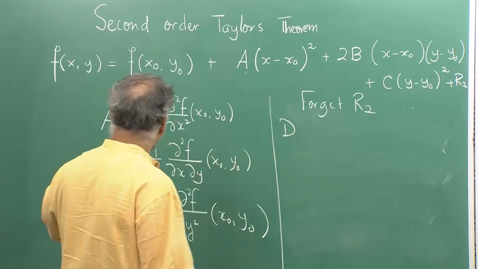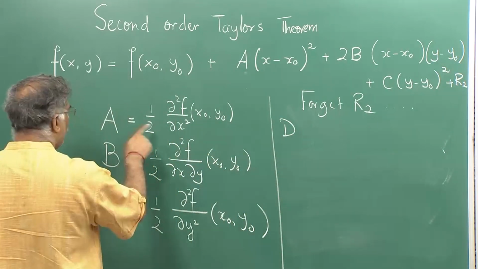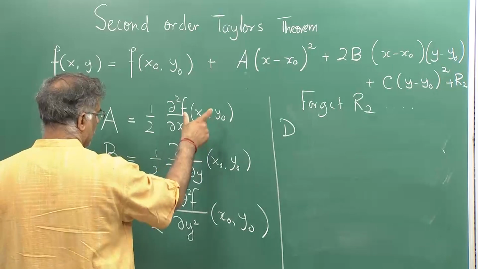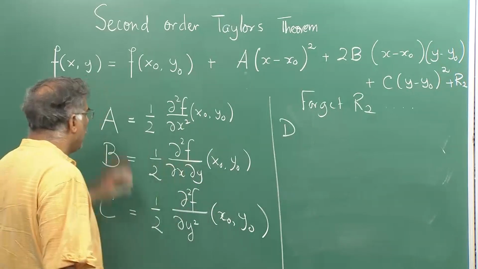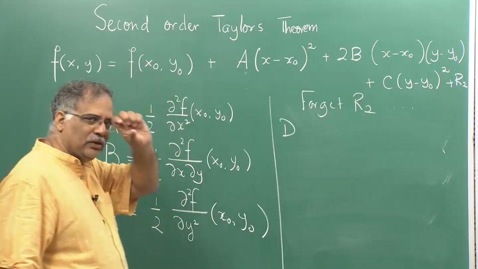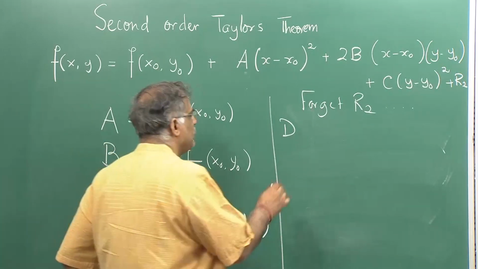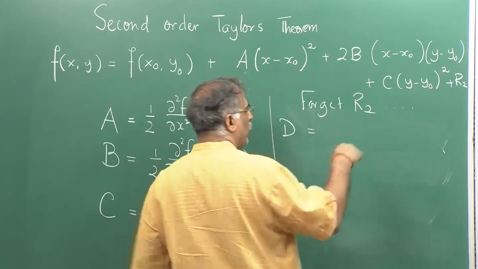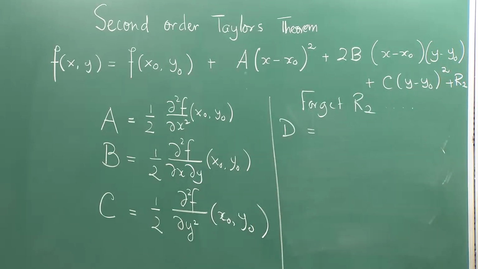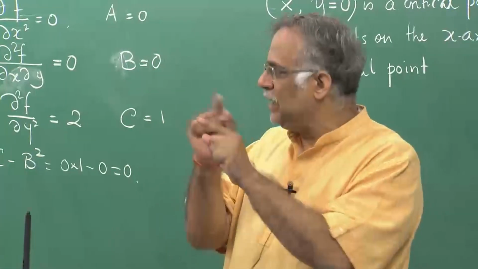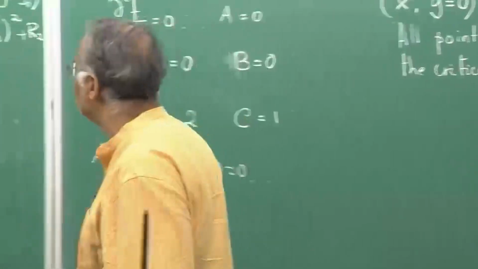AC minus B square, if you write, then it will become 1/4 of this into this minus this, but this 1/4 you do not have to take into account, because once you are talking about something being bigger than 0 or strictly less than 0, multiplying by another positive quantity does not change the sign.